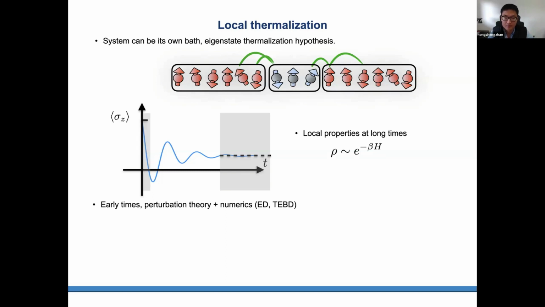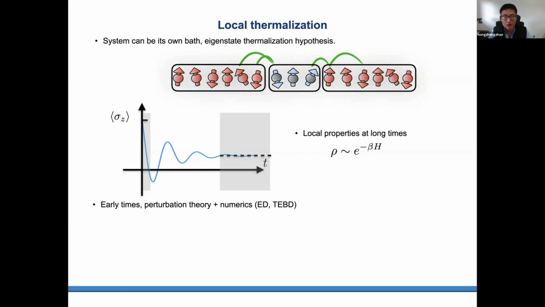Recently, people have also asked how a far-from-equilibrium system approaches this long-time equilibration. At extremely long times, you can simply develop some perturbation theory or use numerical simulations, for instance exact diagonalization or TEBD methods, so you can simulate it and understand its long-time behavior fairly well.